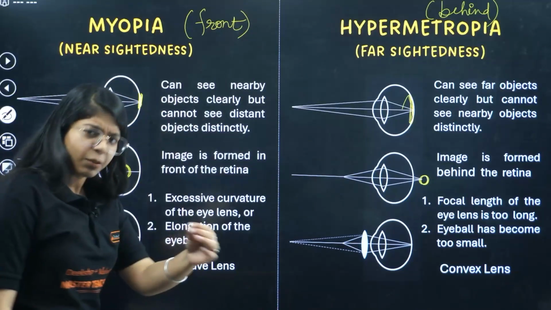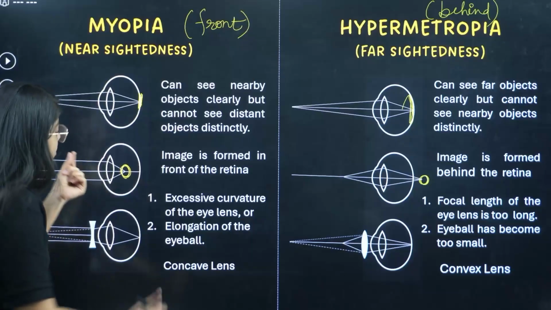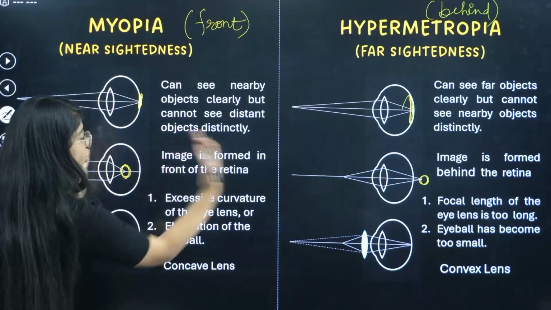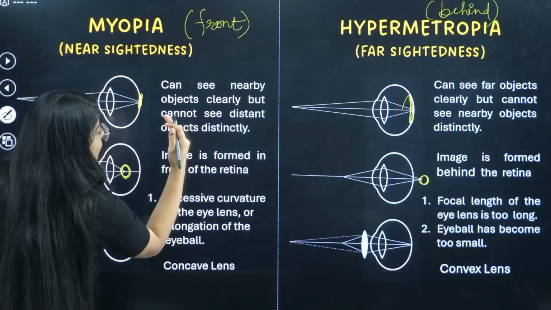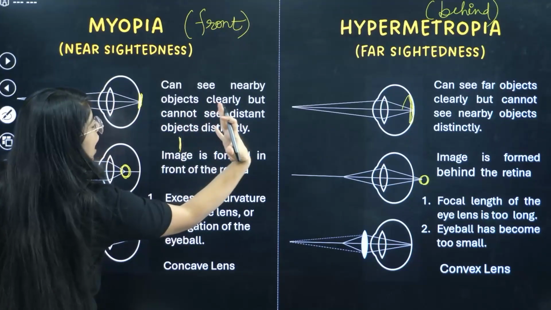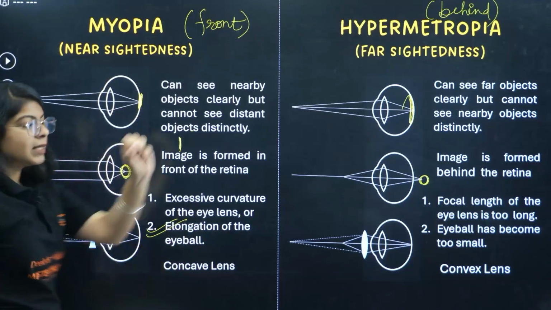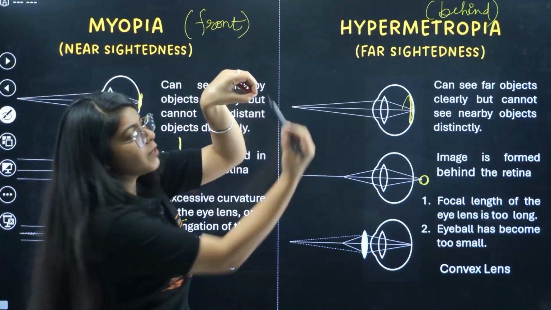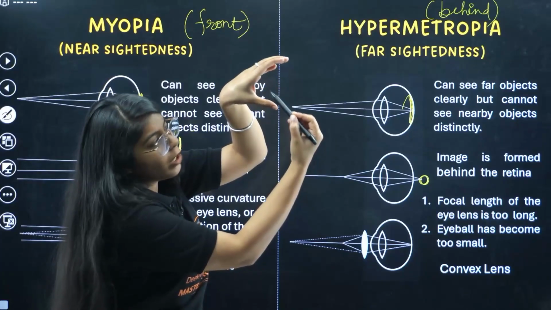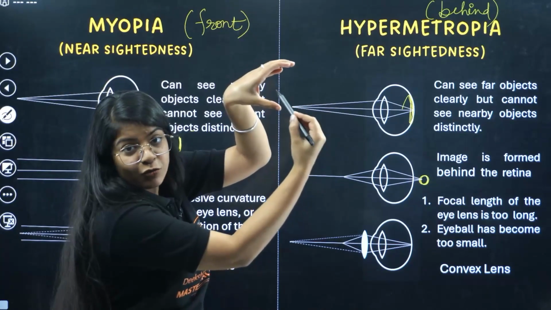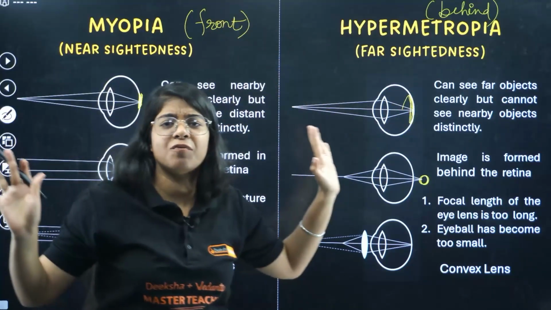Next, a little bit more scientific. Why does this happen? Why is the image forming in front? Either my eyeball is elongated, my eyeball got large. The image was forming here, but the eyeball got bigger, so the image is still here, the lens is still able to focus only here, but the retina went behind, so the eye won't form your image on it.